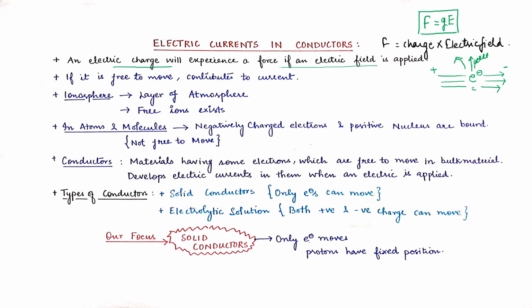If the charges are free to move, they contribute to current. If these electric charges are free to move in the given electric field, they will start generating current. If this electron moves upwards, downwards, or at some angle, in whatever direction it moves, it will contribute to current.